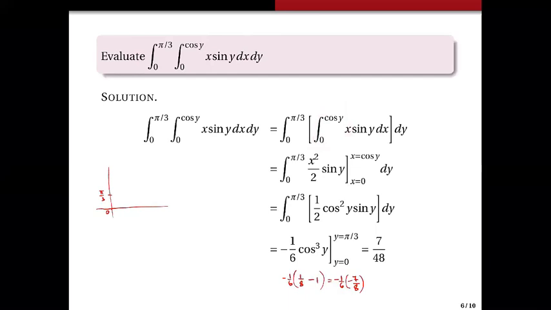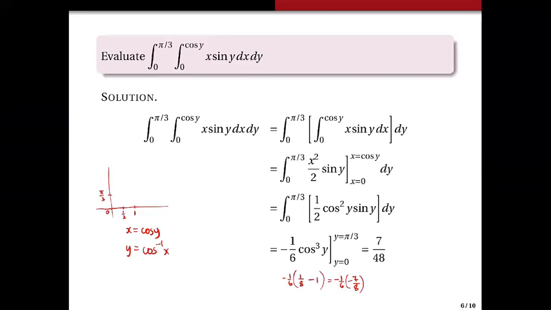So you will need the function, again, it's x equals cosine y, or y equals cosine inverse of x. So for this, again, from 0 to pi over 3, you have here your 1/2, and then you have here your 1.